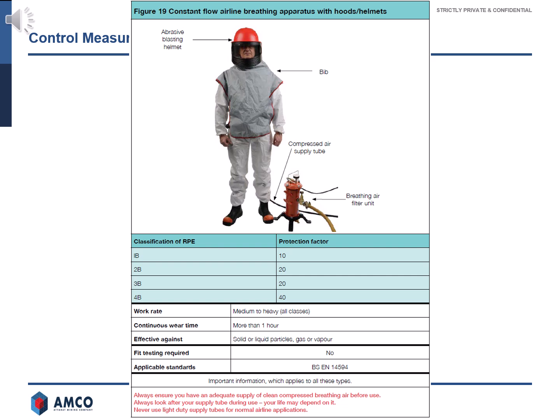Effectiveness, effective against solid or liquid particles, gas, or vapors. Fit testing, not required. Standards, complies with BSEN 14594. Important note, ensure you have an adequate supply of clean compressed breathing air before use. Always look after your supply hose, as blocked hoses may lead to suffocation.